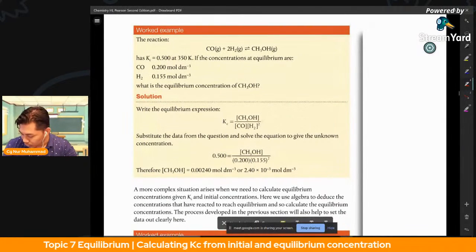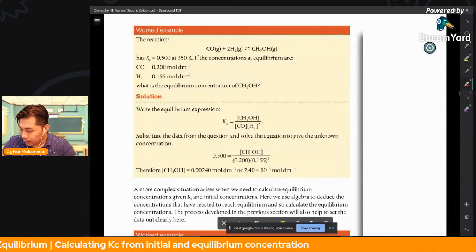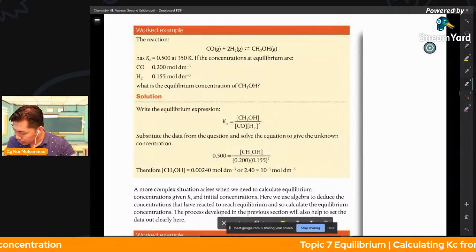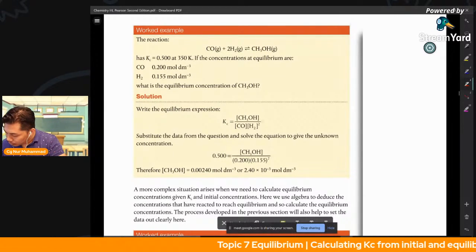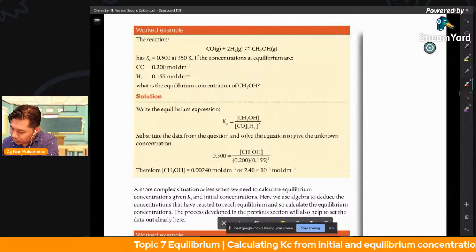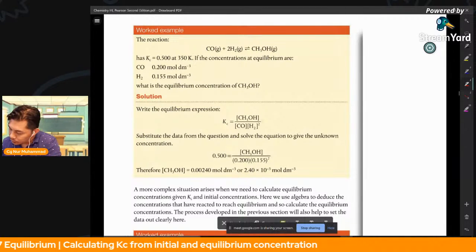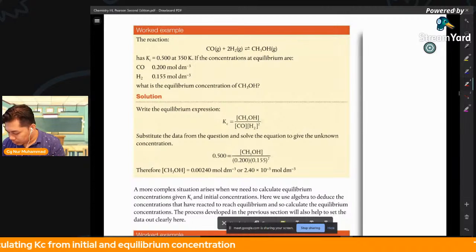Muka surat 150 kan. Dia ada 1, 2, 3 question kan actually. Banyak soalan ni sampai ke 152.